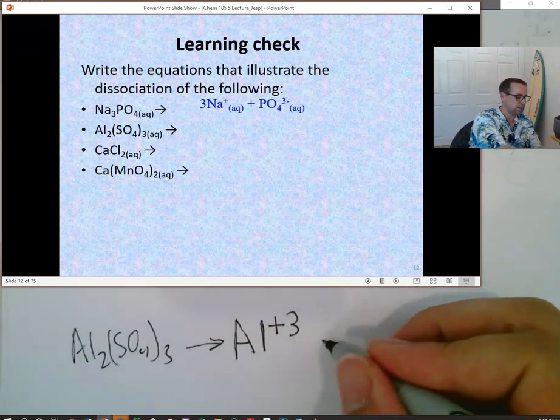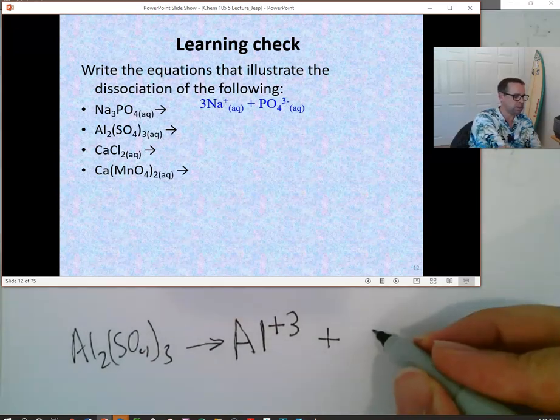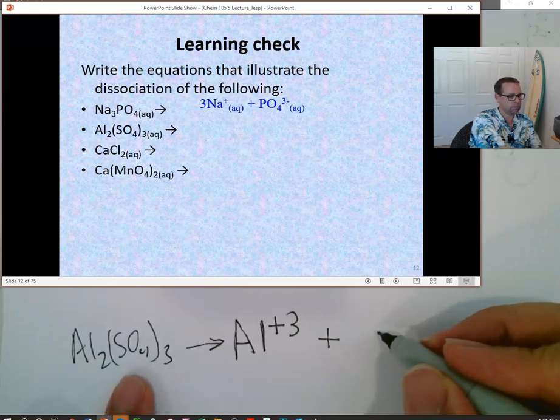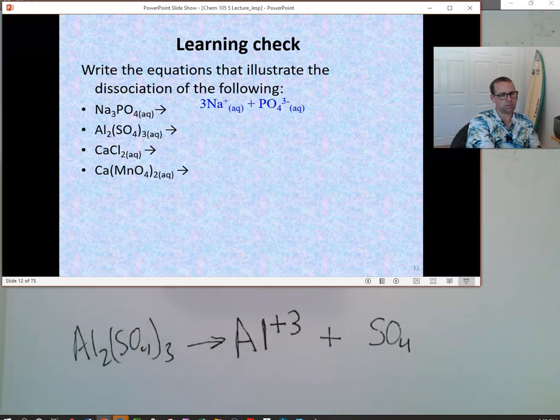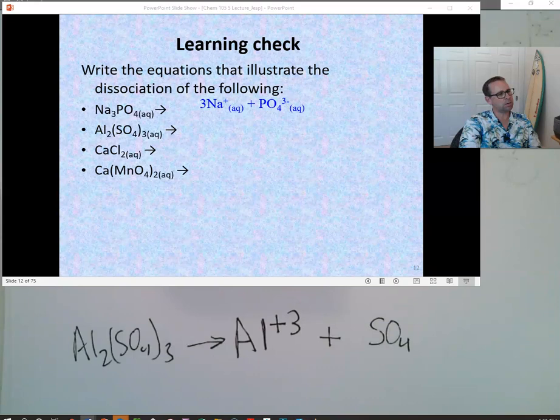All right. And what's the other ion? Not the aluminum, but what's the SO4? What is the charge on the sulfate ion? Let's see if I can find my polyatomic ion chart.